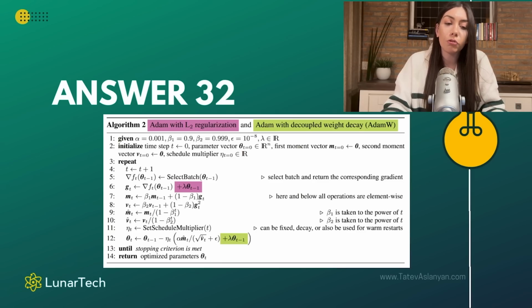Then we will be able to pre-train the model, fine-tune it based on this pre-trained model, and then use it on unseen data, and the model will still perform well. So this basically solves the problem of overfitting and ensures that we have improved generalization. That's what AdamW does.